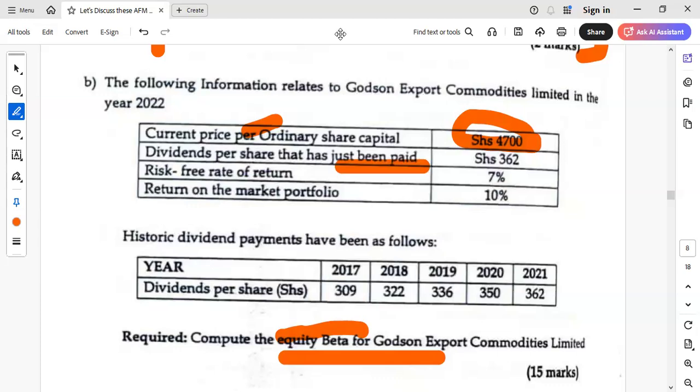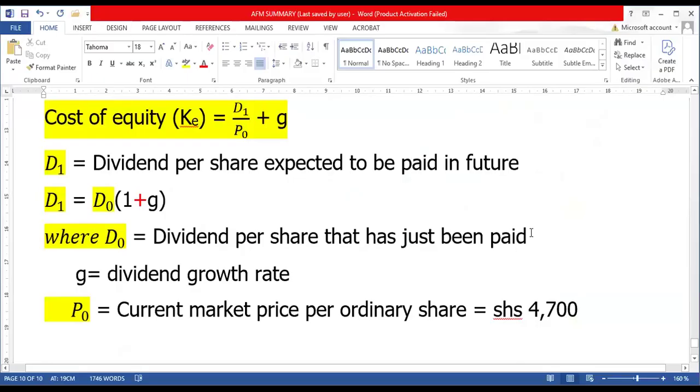Is this D1 or D0? It's a D0, which is 362.